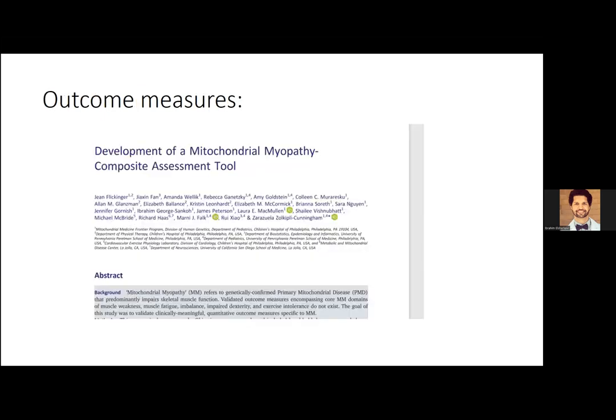So this is a paper published by the team at the Children's Hospital of Philadelphia, where I did my mitochondrial medicine fellowship. What they did show, and continue to work on, is how physical therapy, when done at a center like this, can show reproducible results and serve as an outcome measure while looking at different domains of functioning, such as muscle strength, muscle fatigue, balance, exercise tolerance, dexterity.